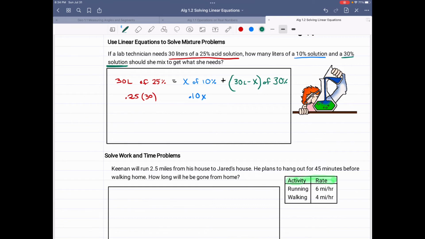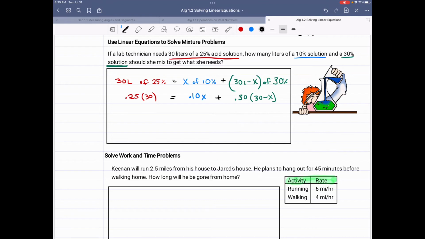Then we're going to take the 30%, write it as a decimal, 0.30, and we're going to multiply it by the 30 minus x. Okay, let's put in our pluses and equals.